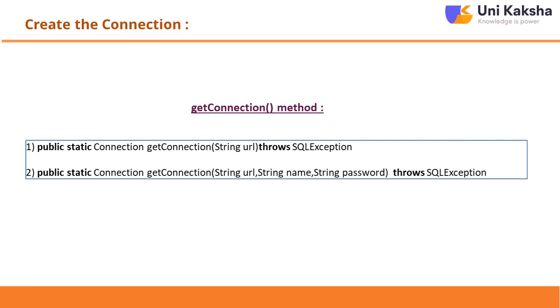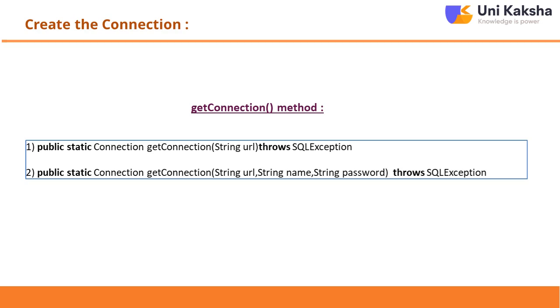Then the next step is how to create a connection. Once you have decided and completed the selection of the driver, then you have to establish the connection. For establishing the connection, you are going to use the getConnection method. The getConnection method can be used in these two ways.